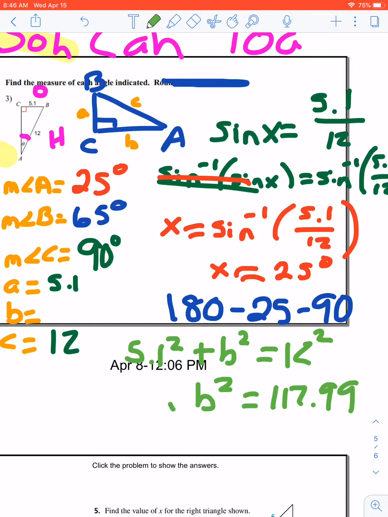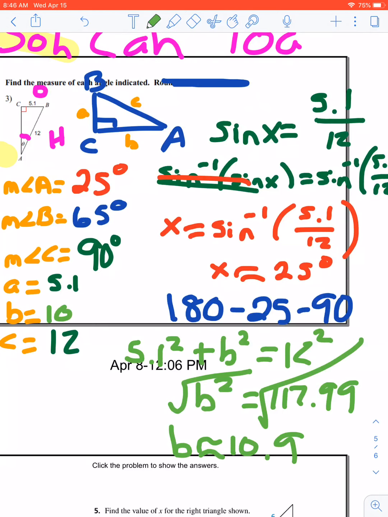Square root both sides. When I square root it, I know that I'm going to be rounding this number. So I get 10.86. So B is approximately 10.9, because we round side length to the nearest tenth. And we know that number has to be less than 12 because 12 is my hypotenuse.